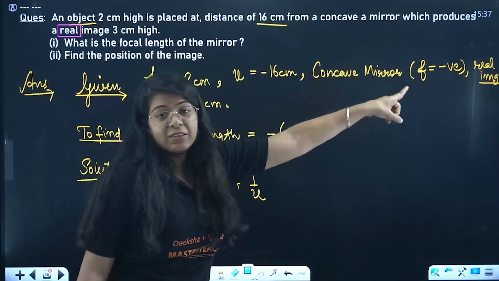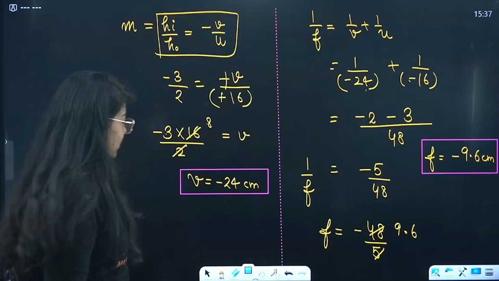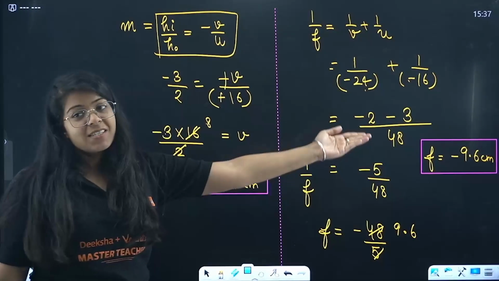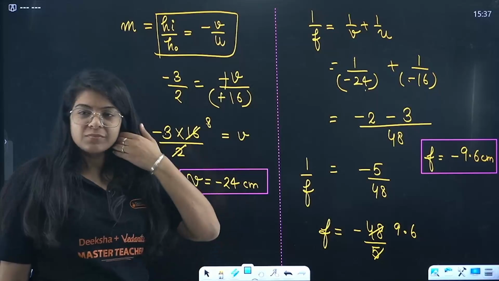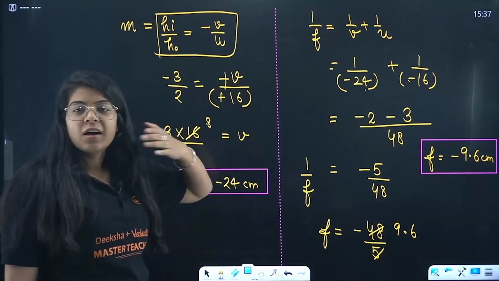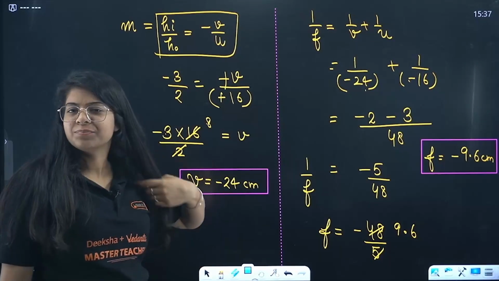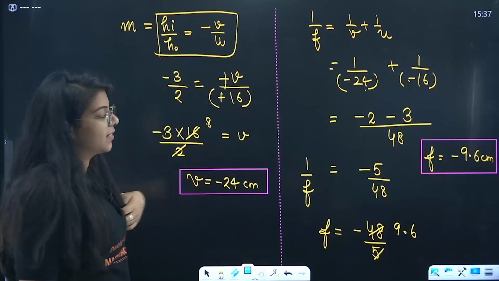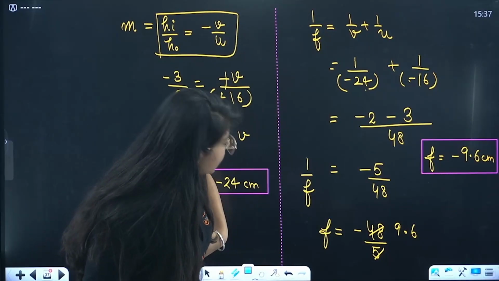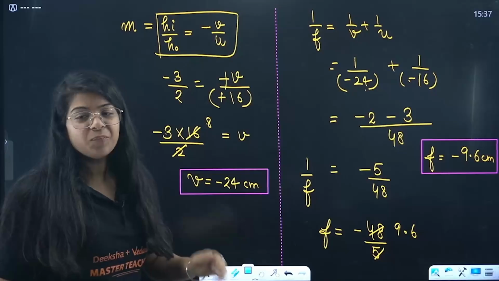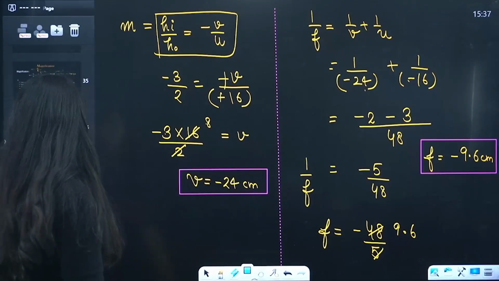For a concave mirror, the focal length is always negative. That means the answer should be negative, and it is negative. Done? Understood everyone? Okay, great. Is the calculation correct? Yes, it is correct. Okay, done. Now let's move on to the next topic.